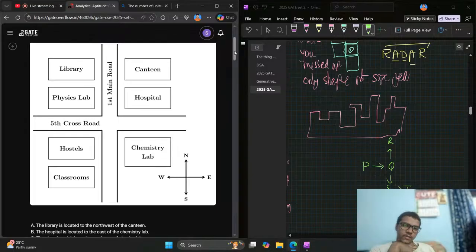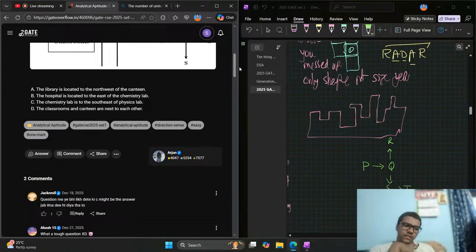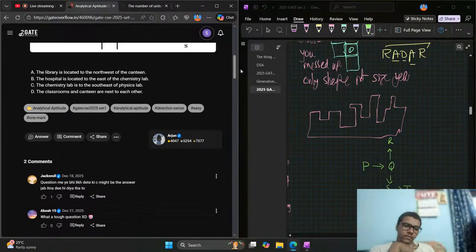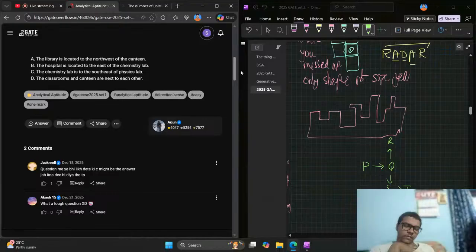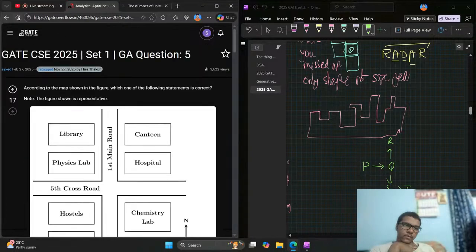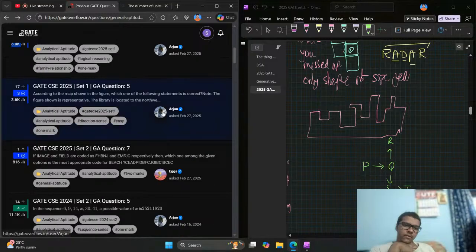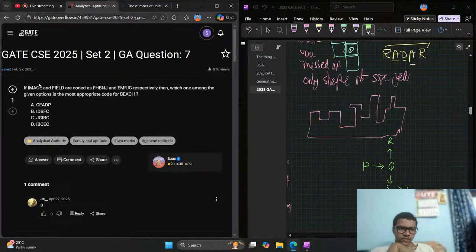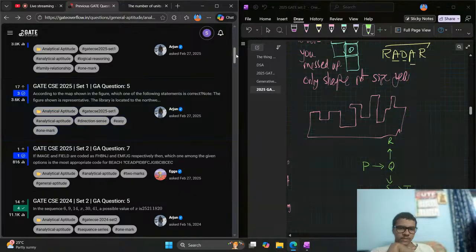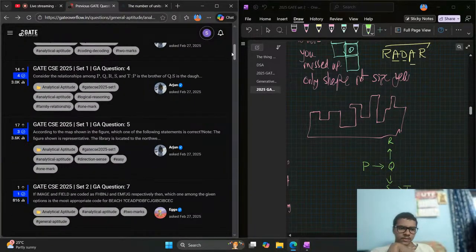Classroom and canteen are not next to each other. So C is the answer. Right. We did this one. It is repeated.